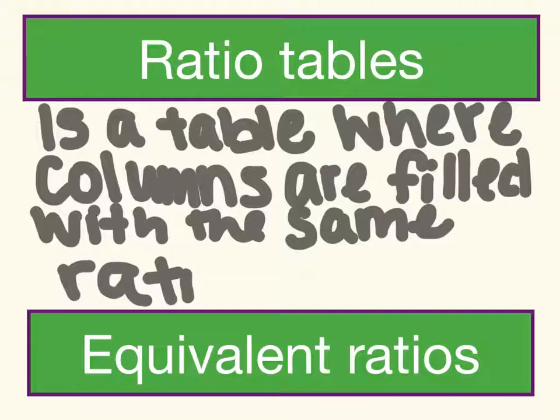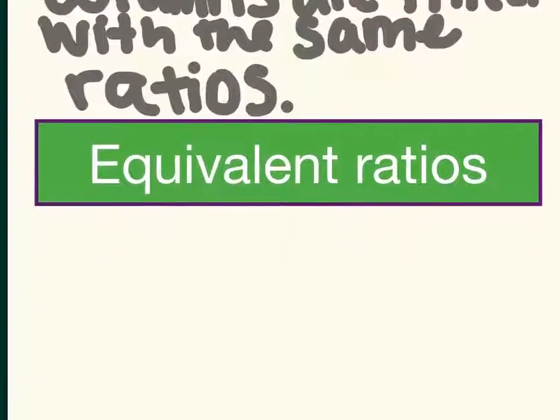Okay, and remember that ratios have to share a common unit or label. Okay, so we will get into some examples of those in a second, but I just wanted to give you guys a definition of what that is.